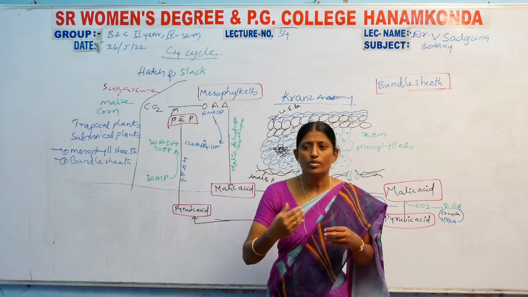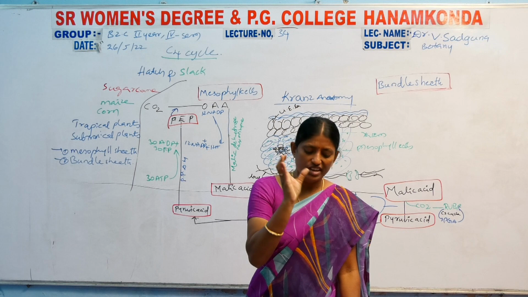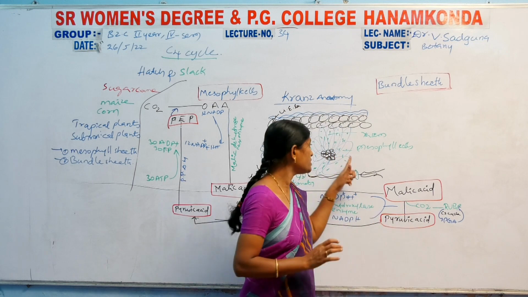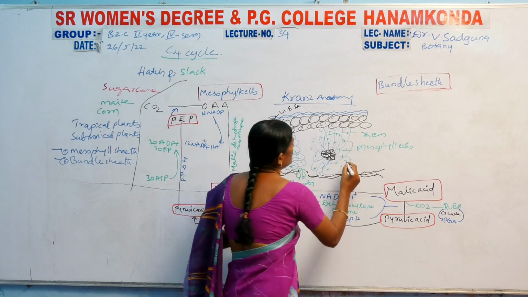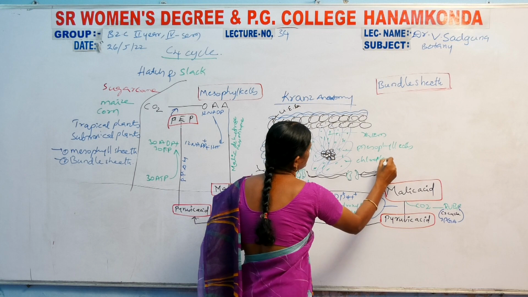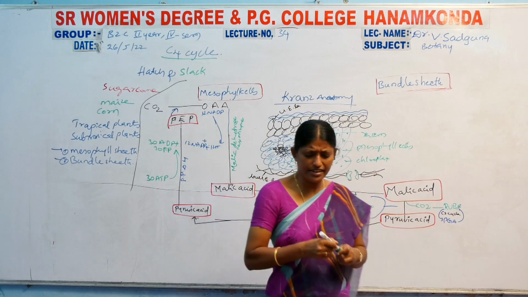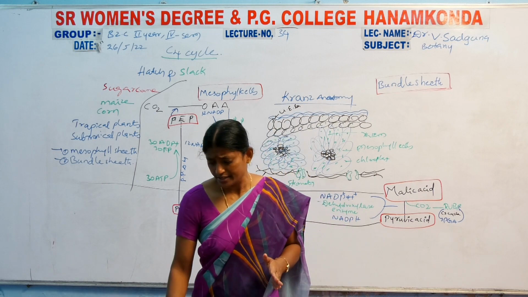Then the chloroplast, most of it is in the mesophyll cells. These are the chloroplasts. Most of the chloroplast is in mesophyll cells.